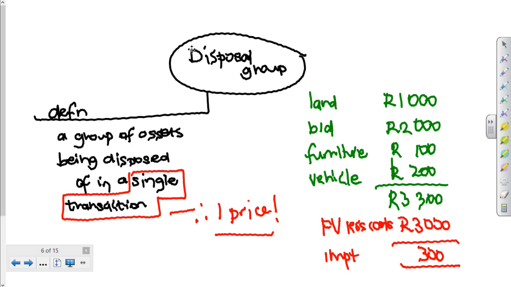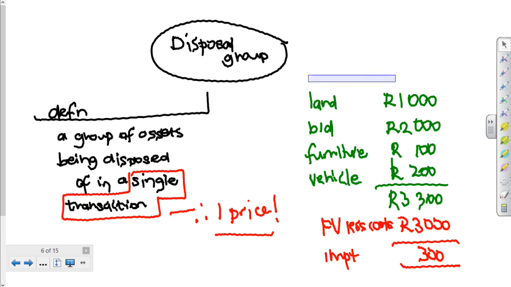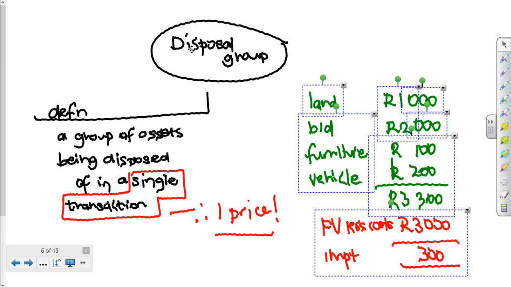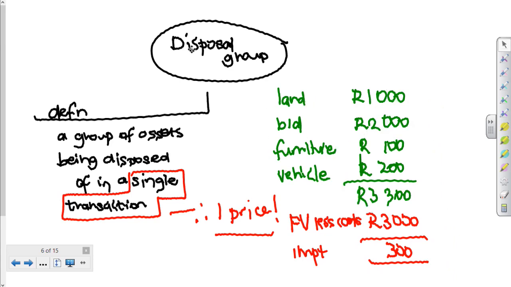Now I have to figure out how to allocate this impairment. Because if you remember that note, the note will say land this much, building this much, isn't it? I have to have numbers for those items that need to appear in my note.